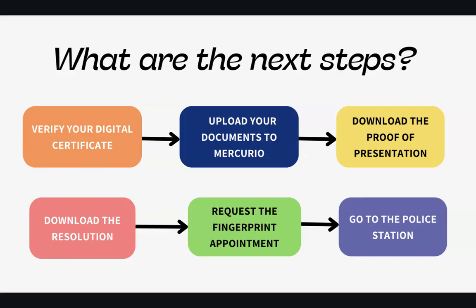That's your receipt that shows that you successfully uploaded your documents online through Mercurio. And then you have a waiting period. Once you get a notification, you download the resolution, you request a fingerprint appointment, and go to the police station.